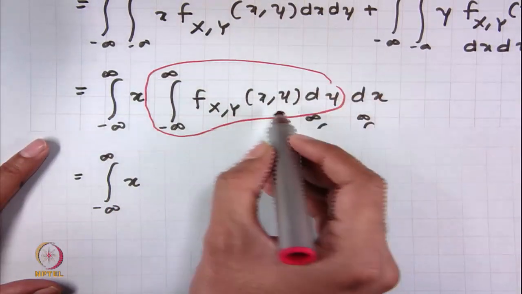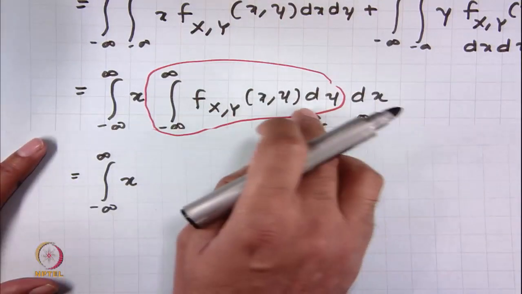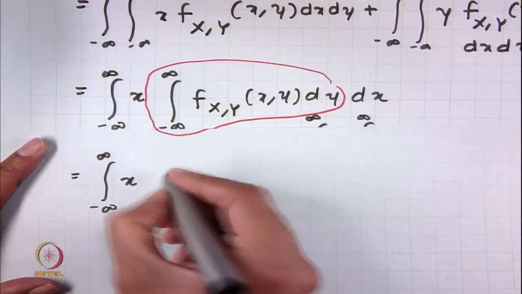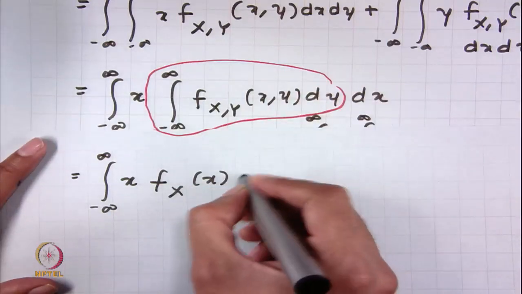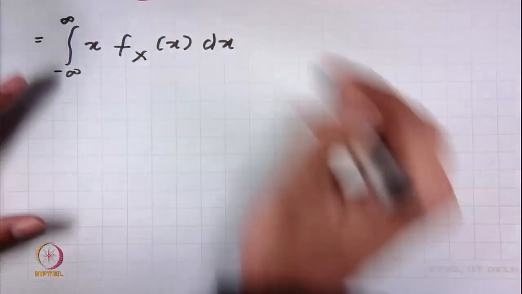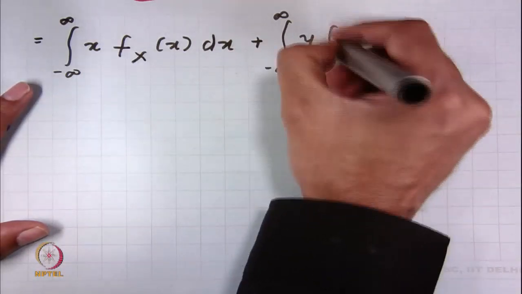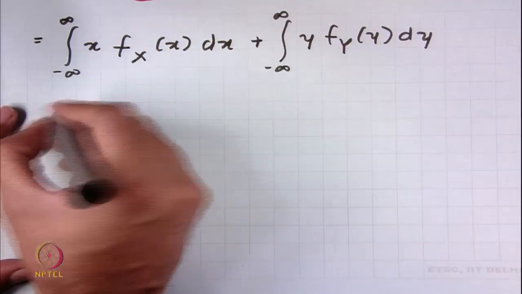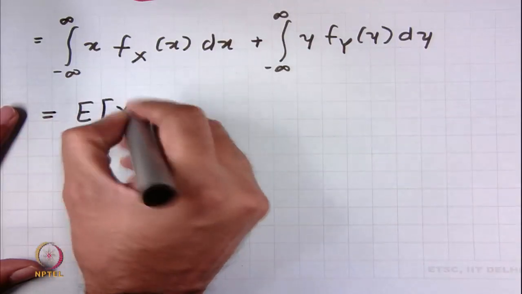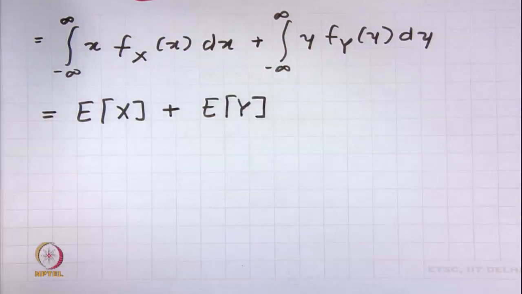If you look at this quantity, it is nothing but the marginal probability density function of x, okay, times dx, and similarly for the other integration. This is nothing but the expectation of x by definition, and this is the expectation of y, and this is an important result.